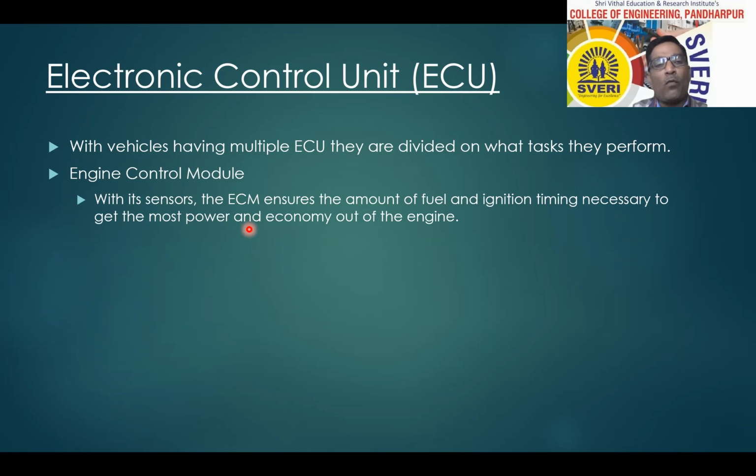So with the help of this engine control module, we can ensure the amount of fuel and proper ignition timing to have fuel economy with maximum power. This is one of the control modules related to the engine.